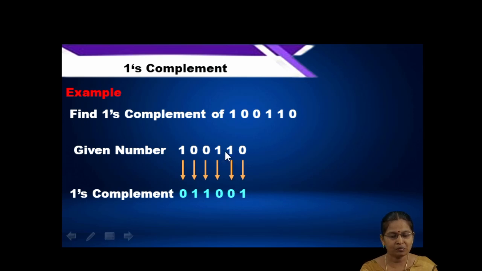The next previous bit is 1, it is converted to 0. And the previous value is 0, it is also converted to 1. And the next bit is converted to 1 and the first bit is converted to 0. So the 1's complement of the number is 0, 1, 1, 0, 0, 1.